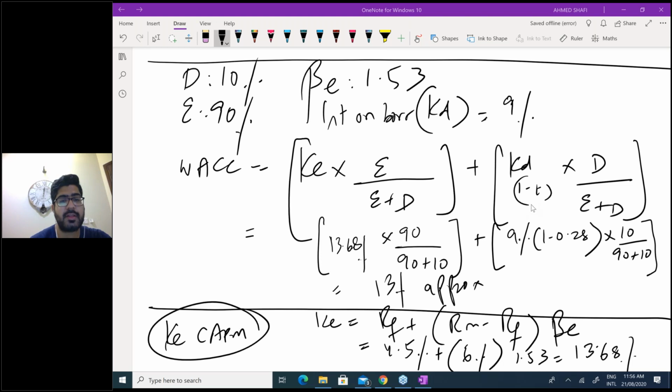Arun, it would give the same answer. You can check. Meanwhile, I will send it in a day or two. No Salima, in FCF nothing else comes. Yes Preet, the formula of KE is RF plus (RM minus RF) beta equity, so we always use beta equity in the CAPM formula.